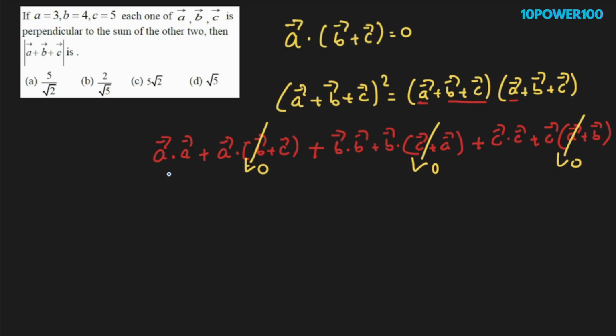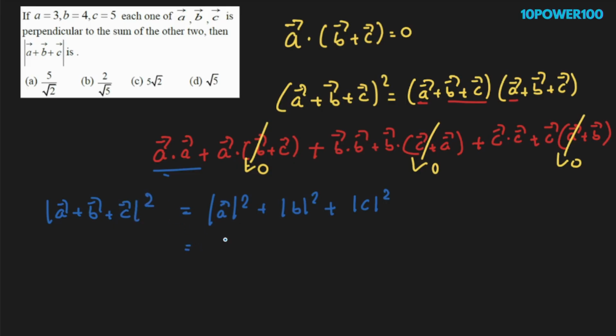So we end up getting magnitude of vector A dot vector A is magnitude of vector A the whole square plus magnitude of vector B the whole square plus magnitude of vector C the whole square. Actually, in the left hand side we should write this, no? So vector A plus vector B plus vector C the whole square.